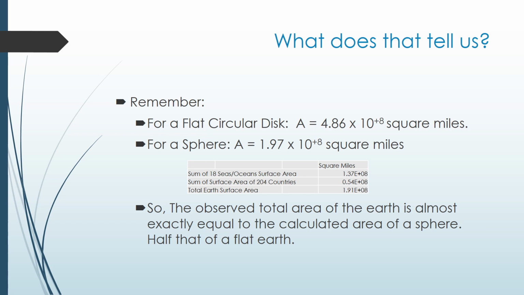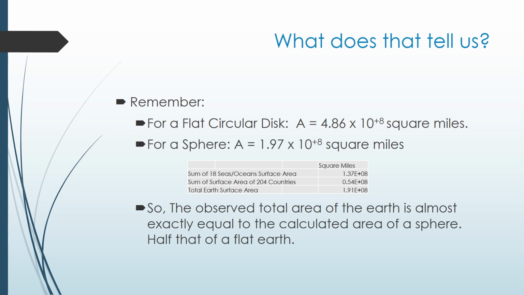So if I add those two numbers, easy to add, you get a total Earth surface area of 1.91 times 10 to the 8 square kilometers. I guess it's square miles.